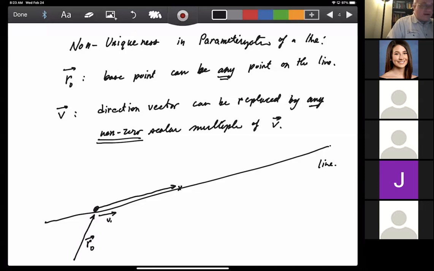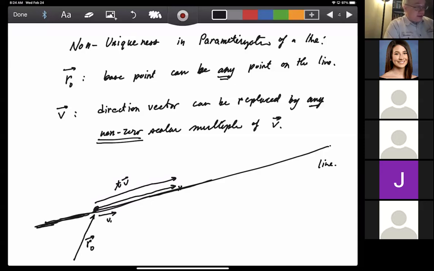The value of T is going to depend on exactly what point we're talking about. But if T is 0, we're at our base point. If T is positive, as T ranges over all the numbers bigger than 0, we're going to trace out all the points on this side of the line. If T is negative, we're going to trace out the points on the other side of the line.